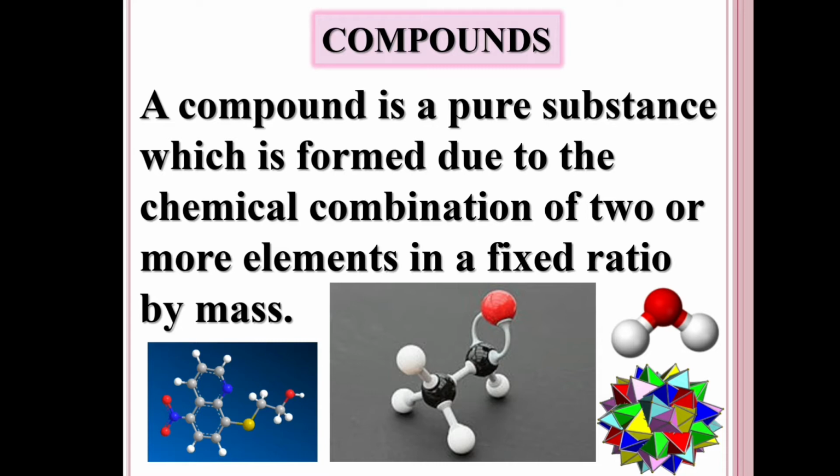So what are compounds? Compounds are substances made from atoms of different elements joined by chemical bonds. They can only be separated by a chemical reaction. Common examples are water H2O, salt sodium chloride NaCl, and methane CH4.